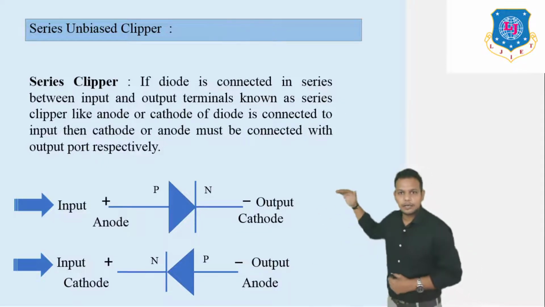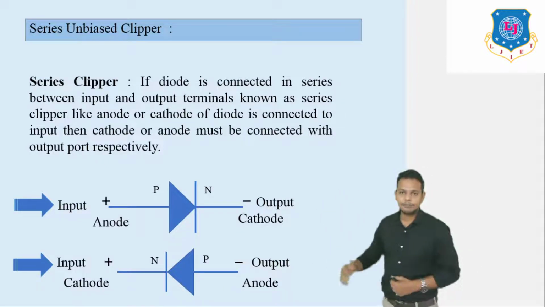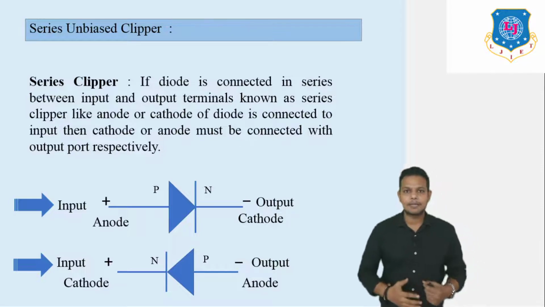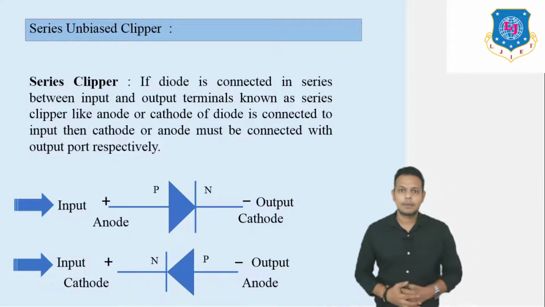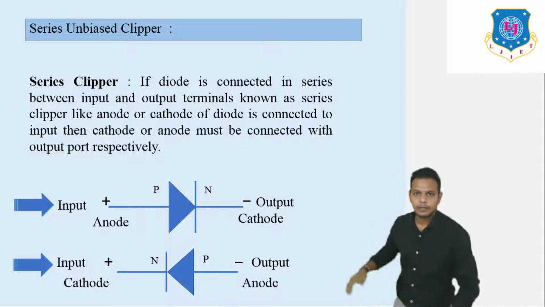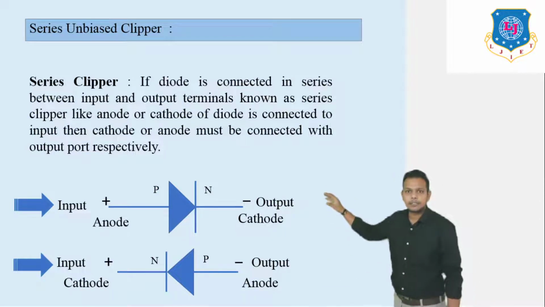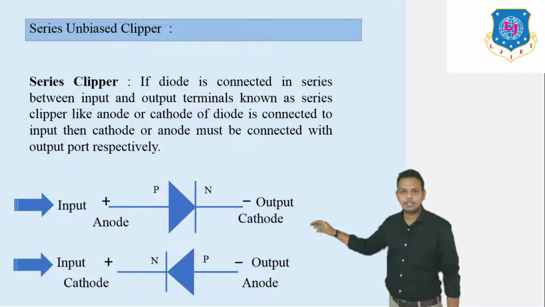Here we have to assume that if the diode works in forward bias, it becomes a closed loop, and if the diode works in reverse bias, it becomes open circuited. So here we have seen the forward bias and reverse bias conditions of the diode.